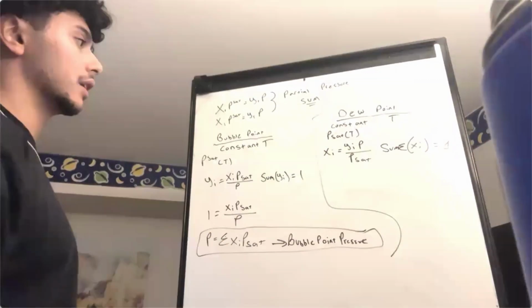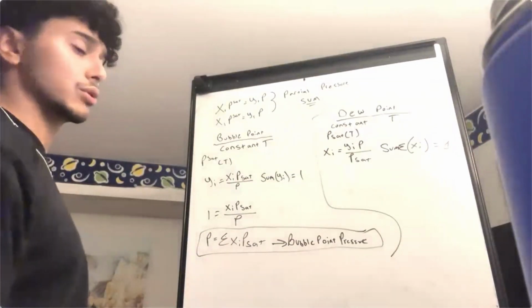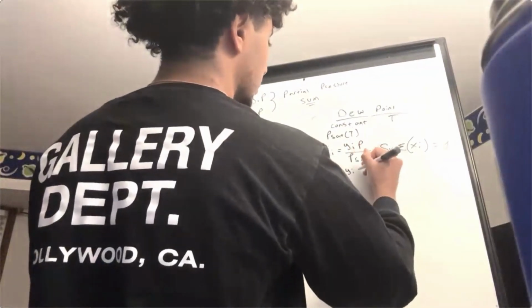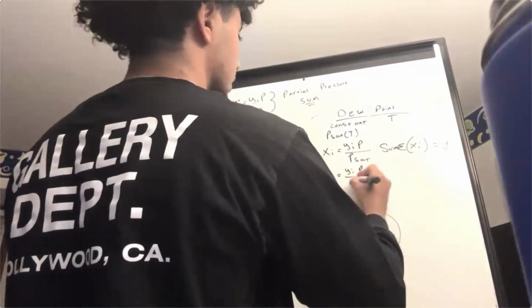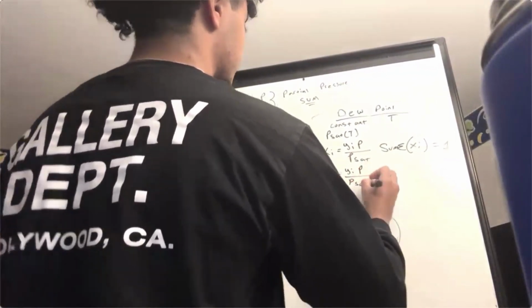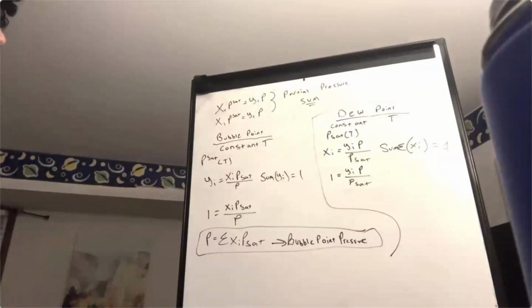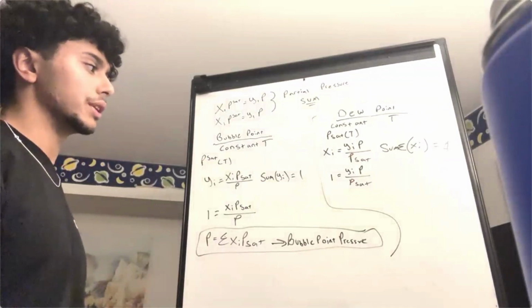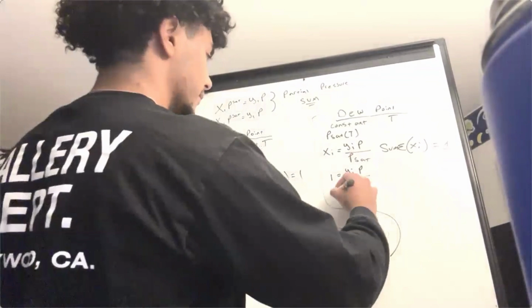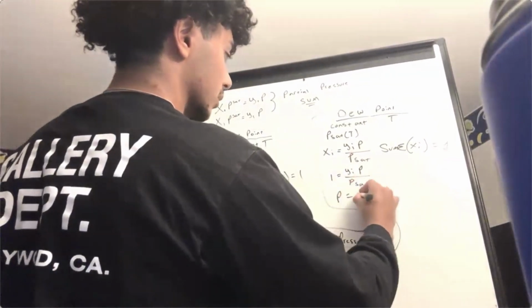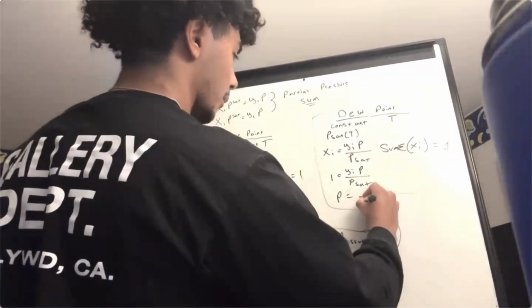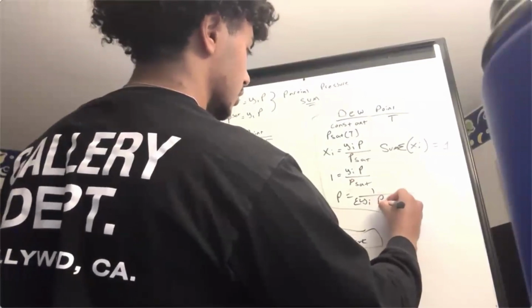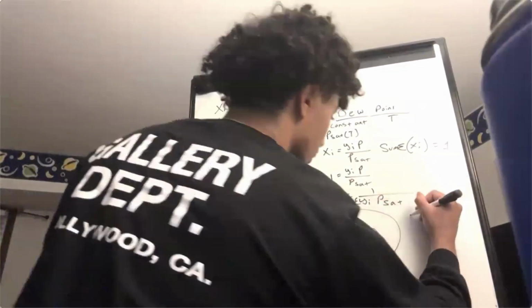So 1 equals the sum of the vapor mole composition times total pressure divided by PSAT. We want to solve for the total pressure, which is 1 divided by the sum of our vapor mole composition divided by our saturation pressure. And that will be our dew point.